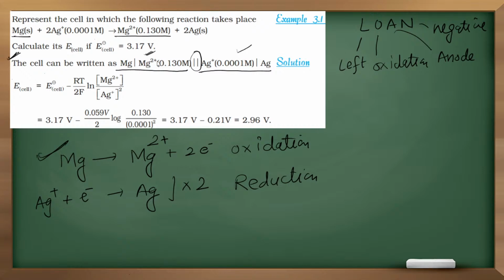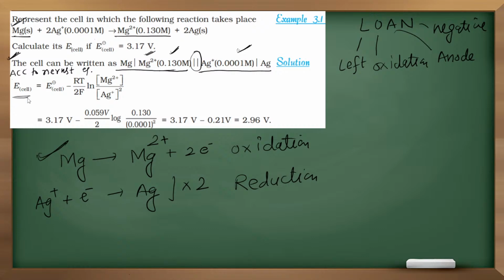At the anode oxidation takes place, at the cathode reduction takes place, and these ions have the concentration Mg2+ 0.130 molar and Ag+ 0.001 molar. Now to write the Nernst equation, you know this is the reaction.